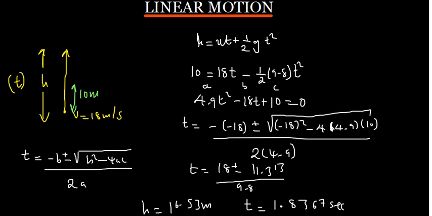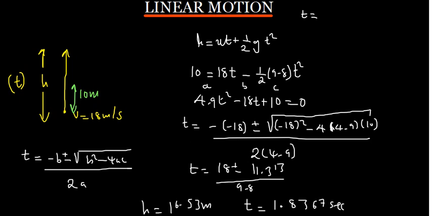So that will give us t being equal to, I'll start with a plus. So I'm going to say 18 plus 11.313. Okay, the answer that I get, divide by 9.8.